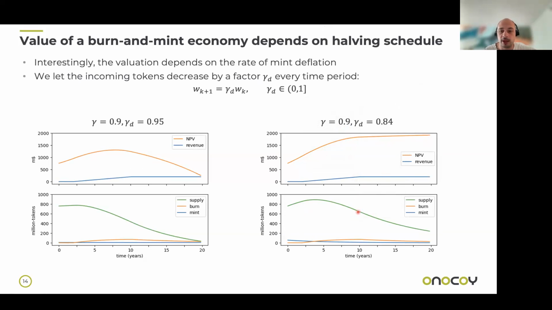The supply is decreasing, but so are the burn rate and the mint rate. They're all decreasing with each other, and the supply never catches up to the burn, and that's what you want. In the other case, it does catch up. You get a convergence in finite time. Here, the convergence is in infinite time, so everything's okay.